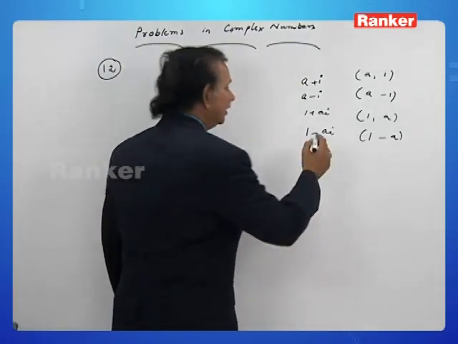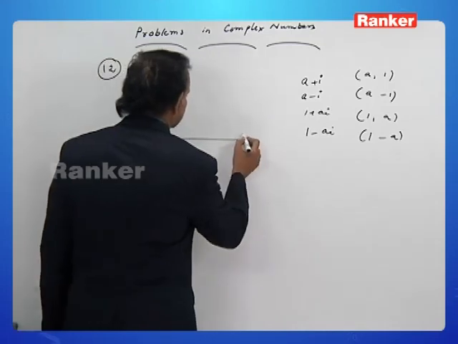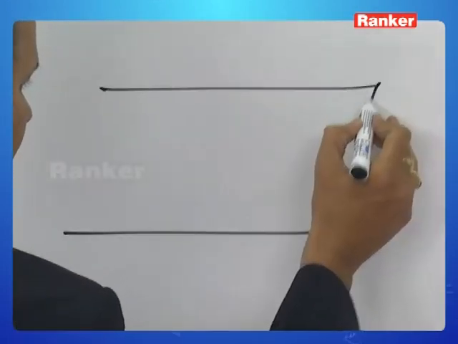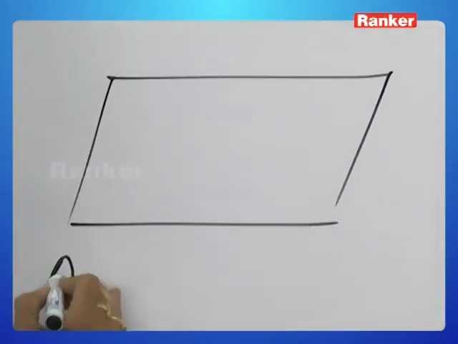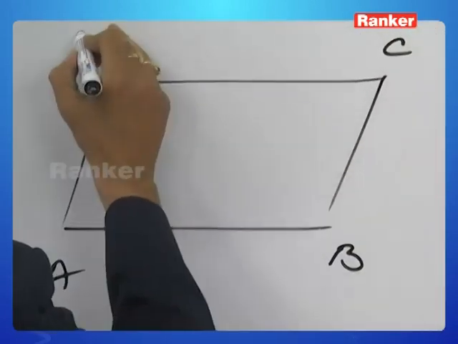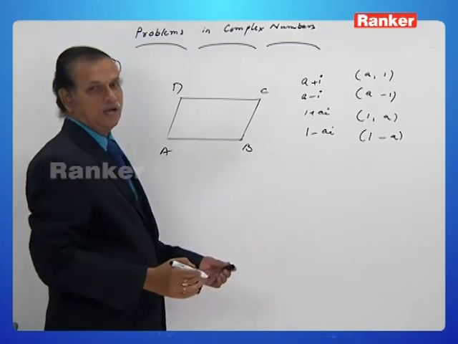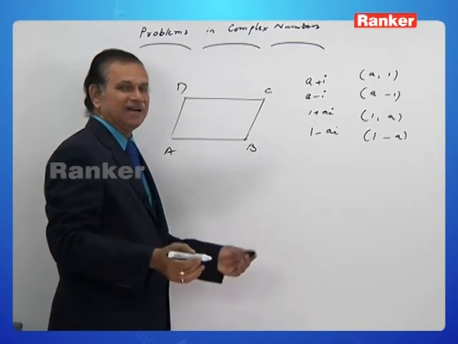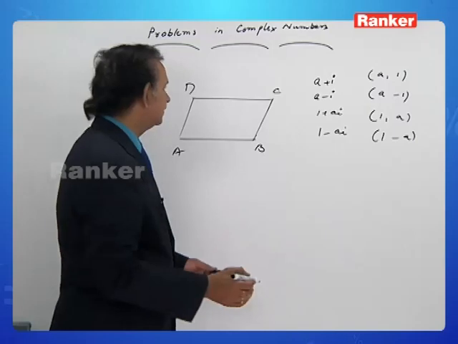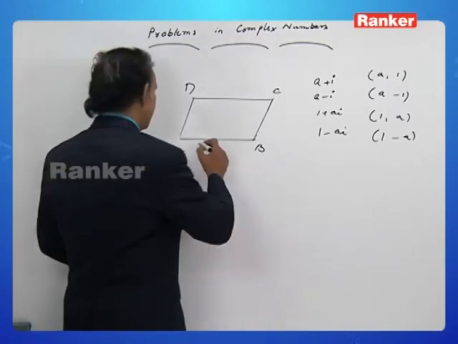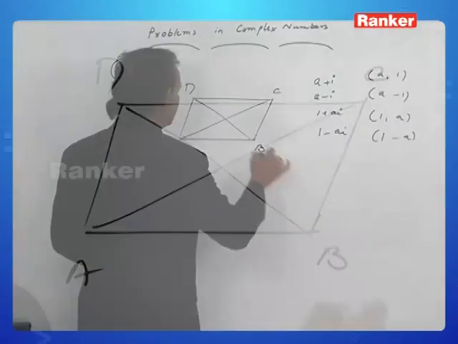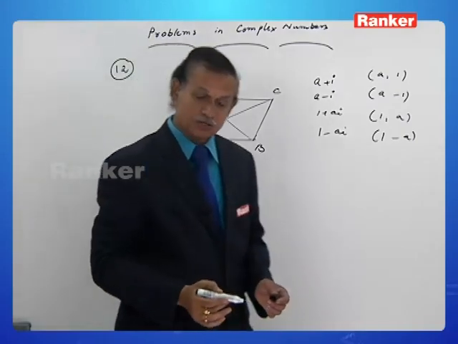Let me name these vertices as A, B, C, D. If at all they form a parallelogram, everybody knows that diagonals bisect each other. That is, the midpoint of AC and the midpoint of BD should coincide.